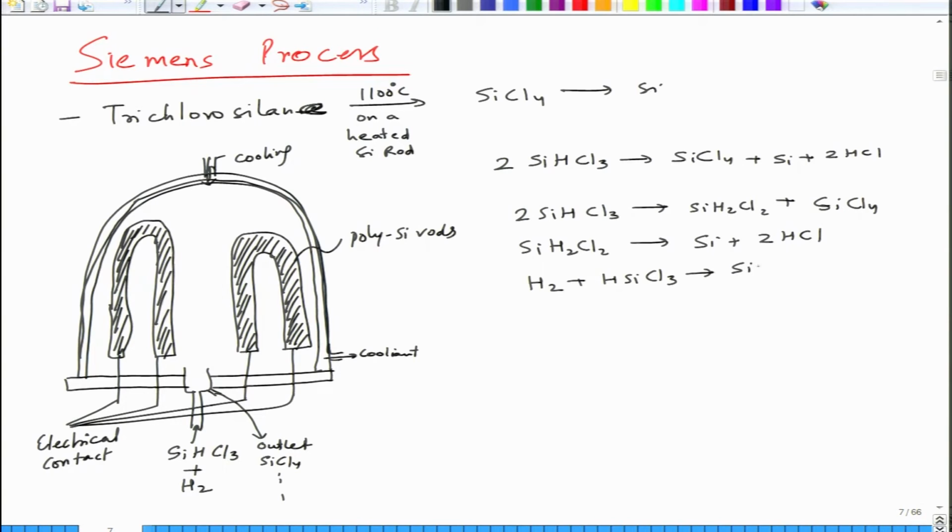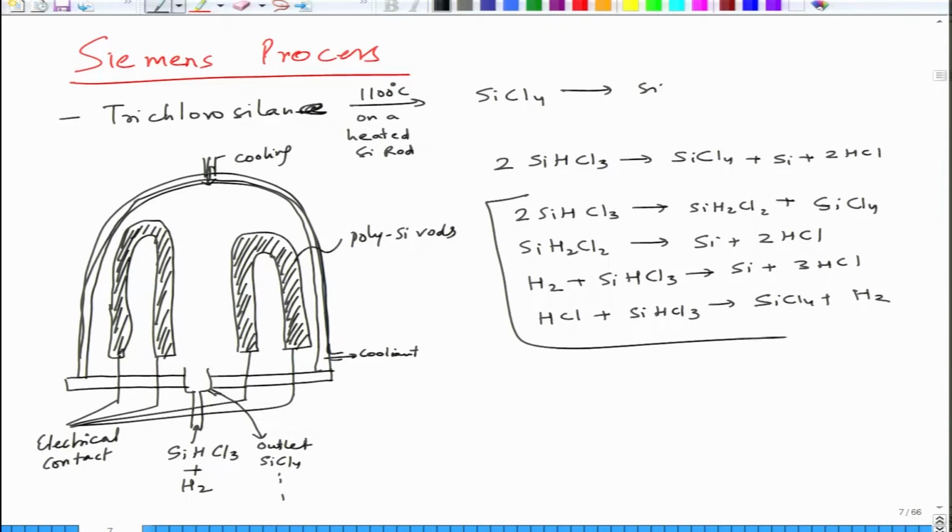So this becomes Si plus 3HCl, and HCl plus SiHCl3, they make SiCl4 plus H2. So you can say this is SiHCl3, sorry. So these are multiple reactions that occur in this process to give you eventually the silicon.